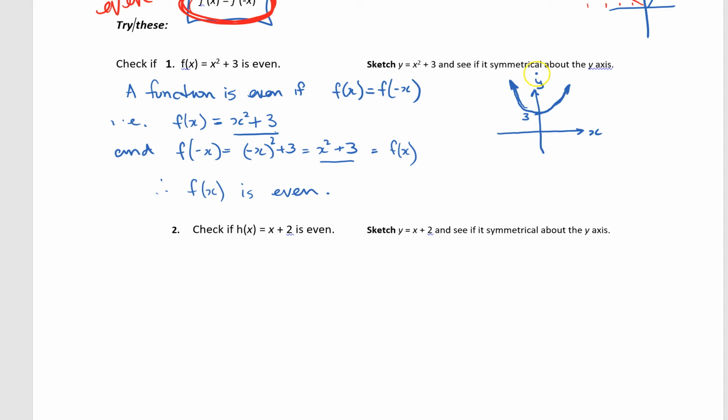I didn't draw the graph that way. I think most of us know now that from the algebraic statement, x squared plus 3, you recognise it as a quadratic, graphs to be a parabola, very simple parabola. The only transformation from the origin is it's been pushed up 3 units.